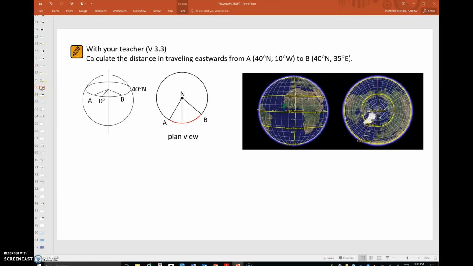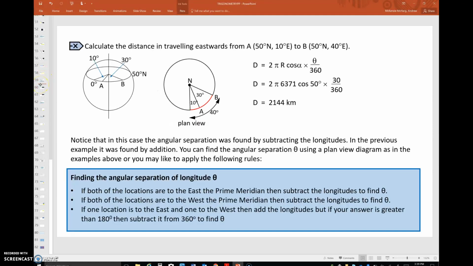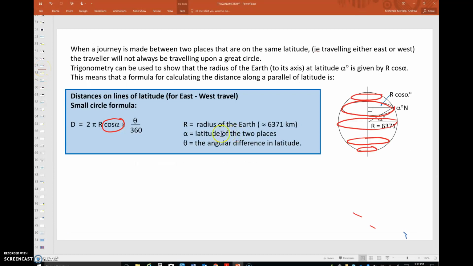Let's look at this example here. So remember our formula, we need to first determine what is our alpha value. Well, that alpha value, as it says up here, is the latitude of the two places.